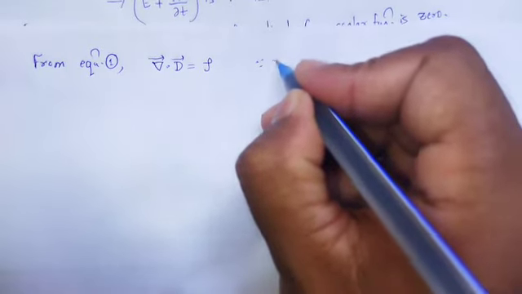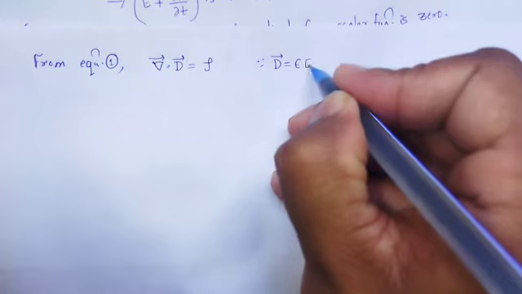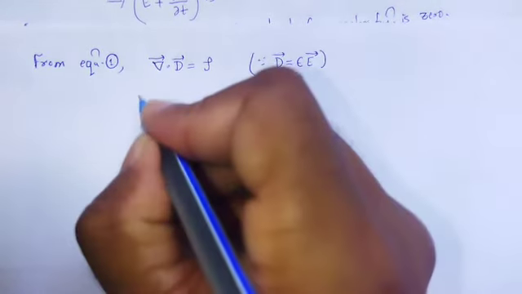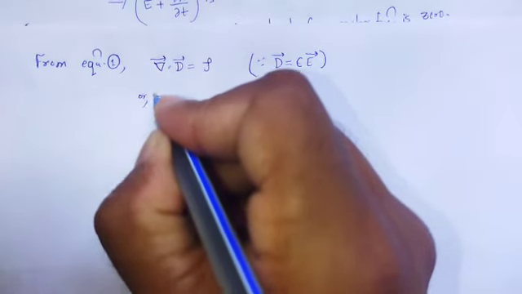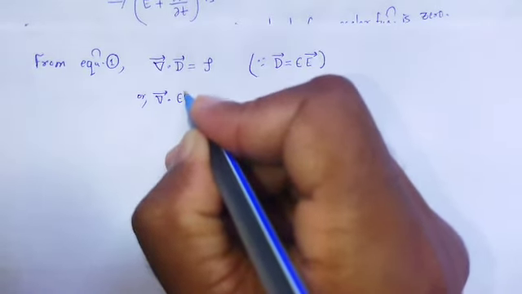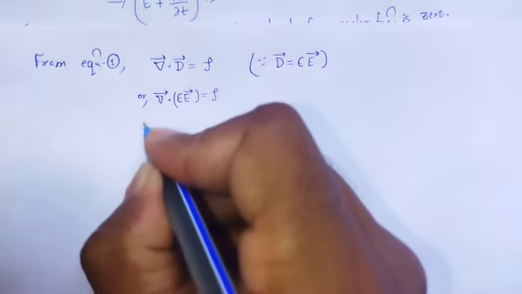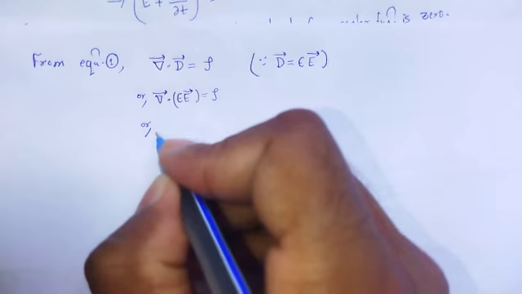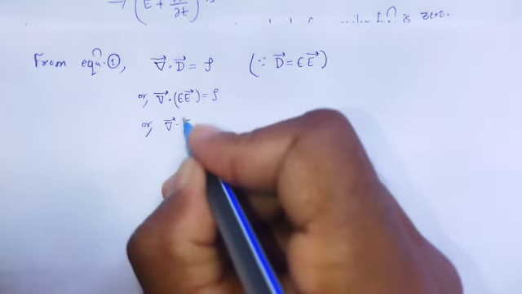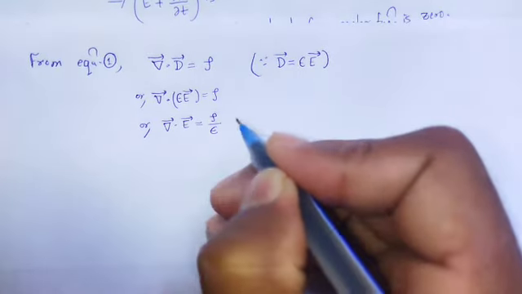As we know, D is equal to epsilon times E. So, grad dot epsilon E is equal to rho, or grad dot E is equal to rho divided by epsilon.